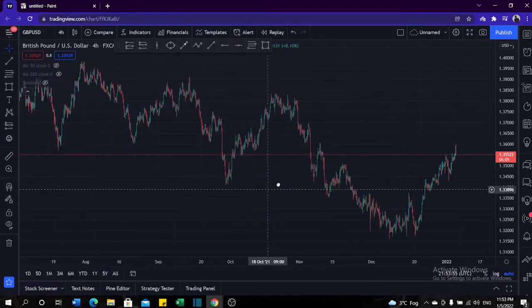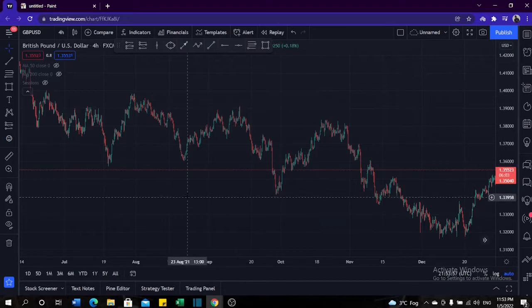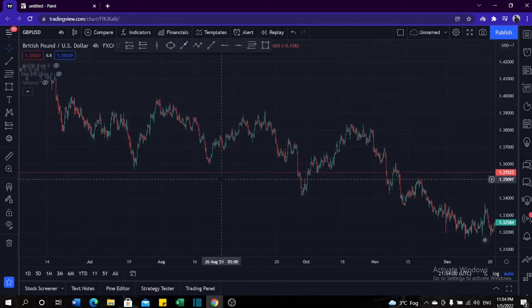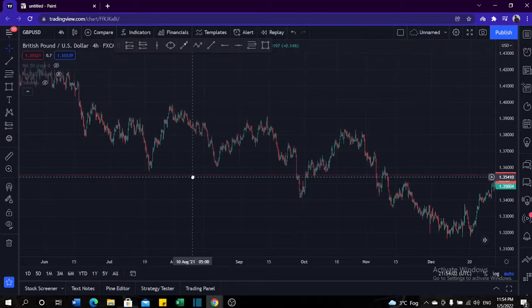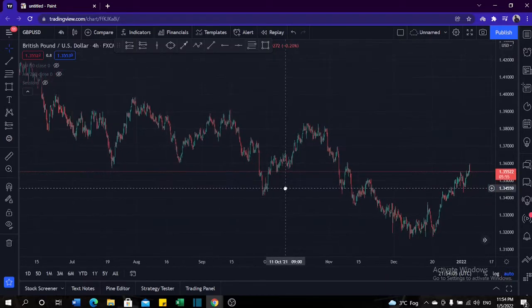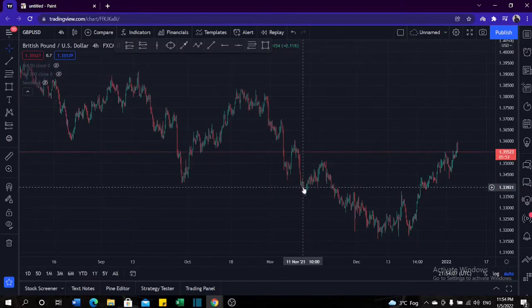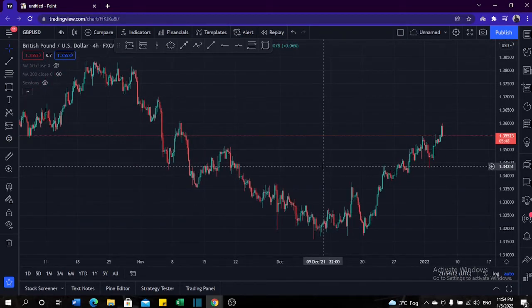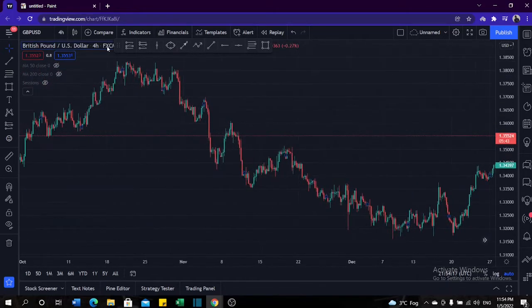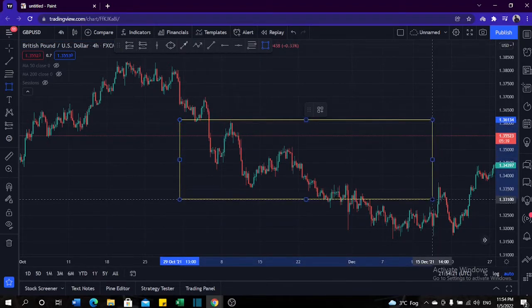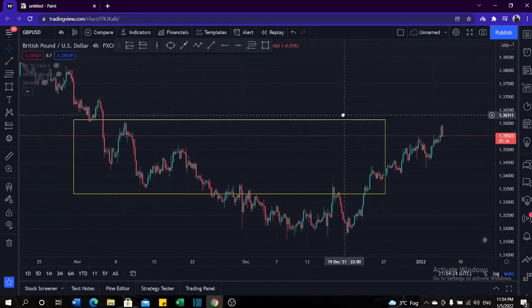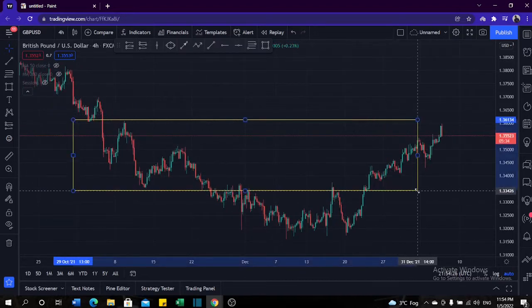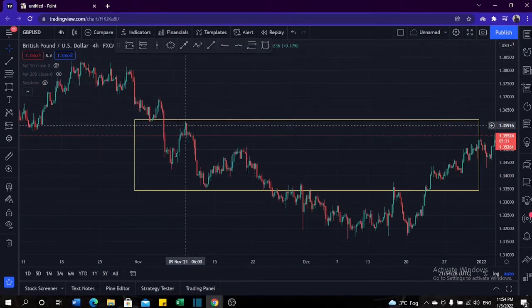So let's use a particular area in the market. I'm going to use this area as my area of interest for this video specifically.